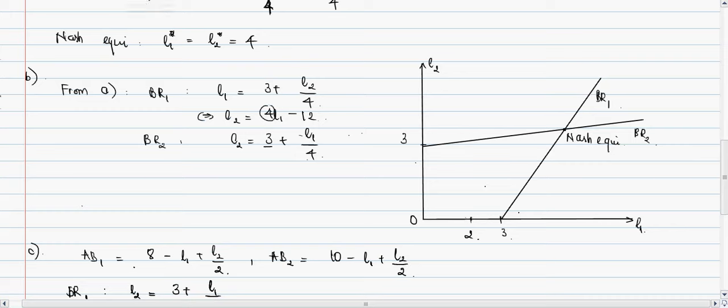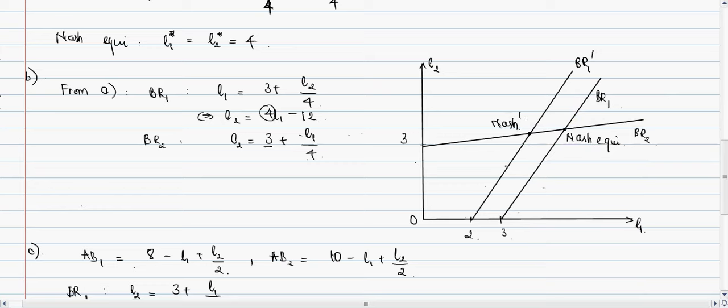So we should draw a parallel to the best response function, and okay, so this is the best response function for person 1 dash. Okay, and this is going to be the new Nash equilibrium, dash.